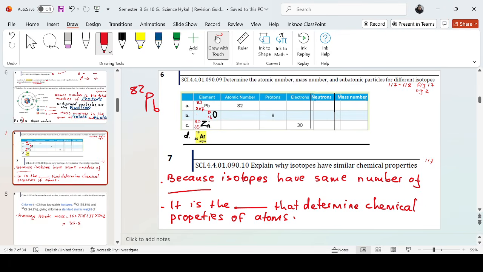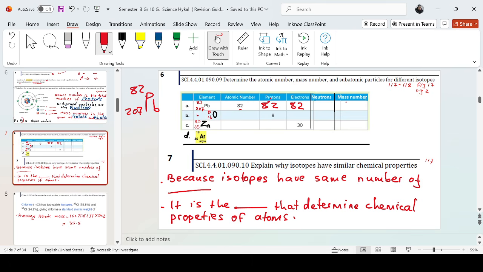So atomic number is 82. How many protons? Protons is the atomic number, so it's 82. Electrons, because the atom is neutral, same number of protons and electrons, so electrons are 82.